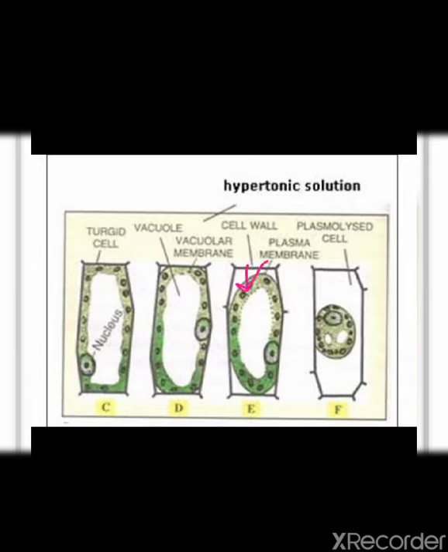So the protoplasm will shrink and the plasma membrane will withdraw from the cell wall. You can see here also. And why does it happen? Because outside of the cell a hypertonic solution is there. So water from the vacuole, this is the vacuole, will move outside.